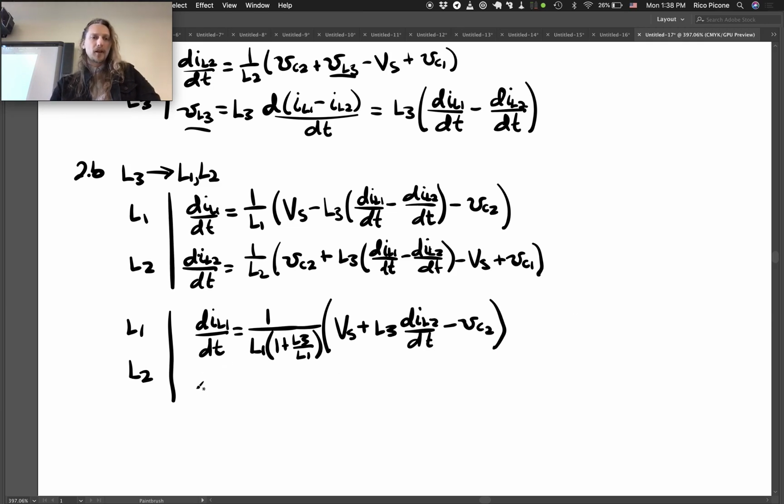Okay, this other equation, I can do something very similar. dIL2/dt, I can bring the dIL2 term over. I can add L3 over L2 dIL2/dt to both sides. I can factor out the dIL2/dt. What's remaining is 1 plus L3 over L2, and so we'll divide that over.